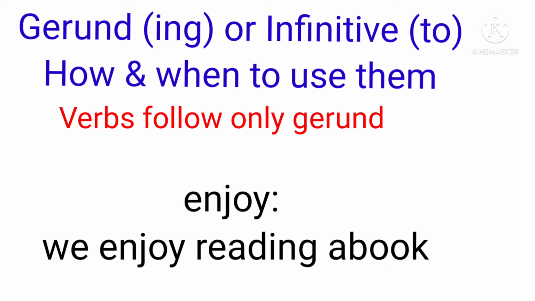We enjoy reading a book. We cannot say we enjoy to read a book. No. If you say we enjoy to read a book, it is wrong, because this word is followed just by a gerund, not an infinitive. So we enjoy reading a book.